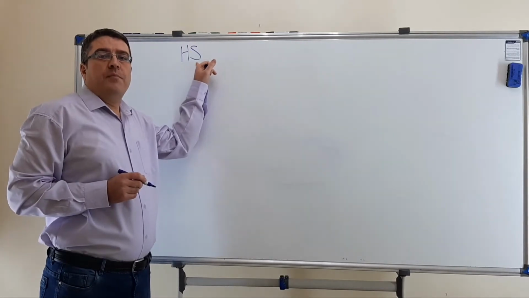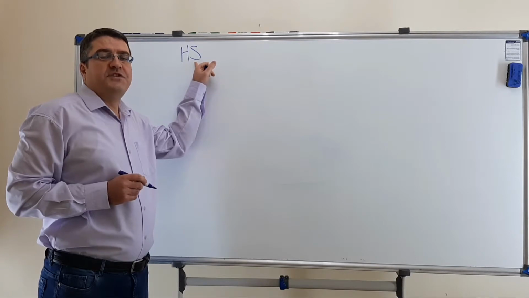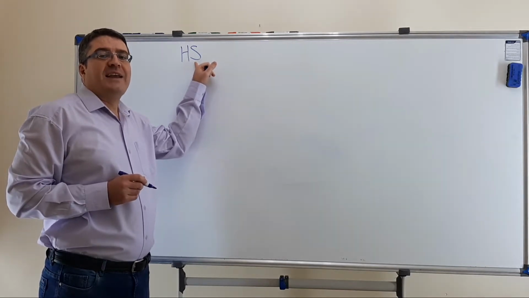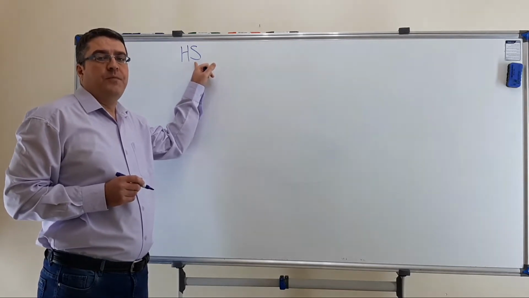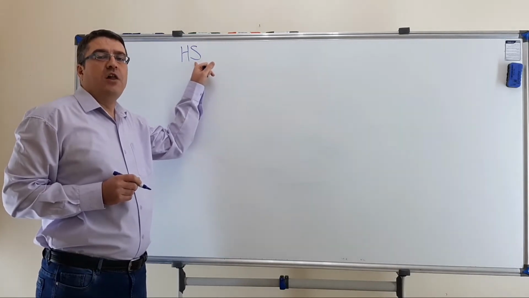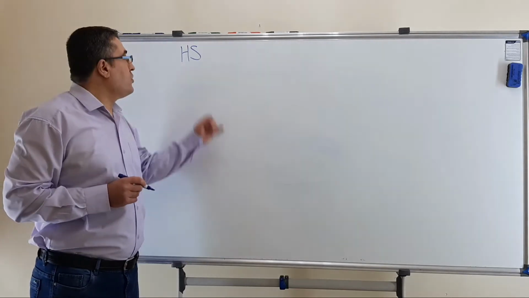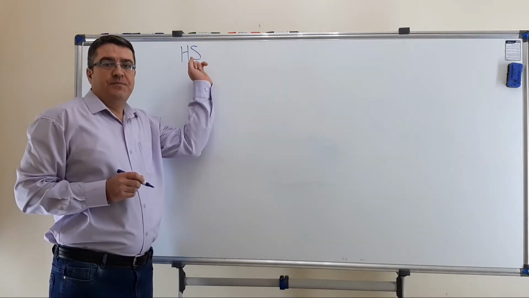Also, for a protogenic solvent, which is a solvent capable of acting as a proton donor, and for a protophilic solvent, which is a solvent capable of acting as a proton acceptor, I'm going to use this HS.